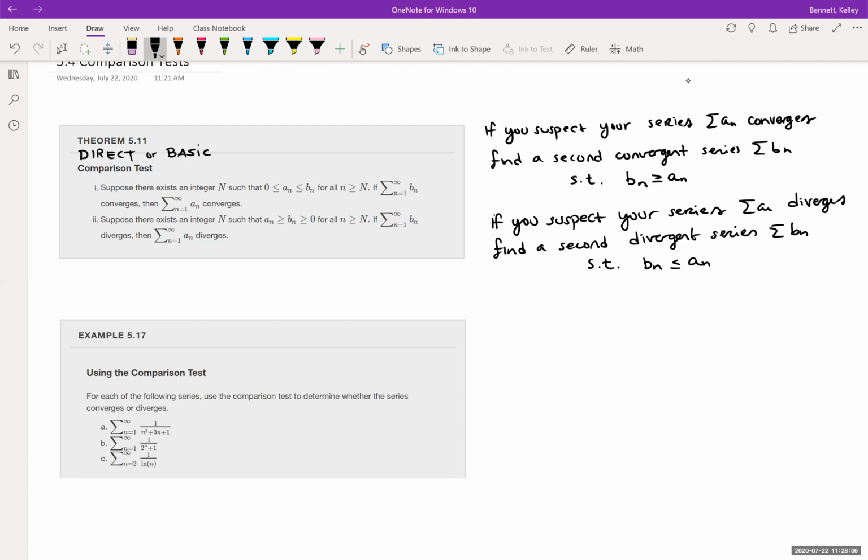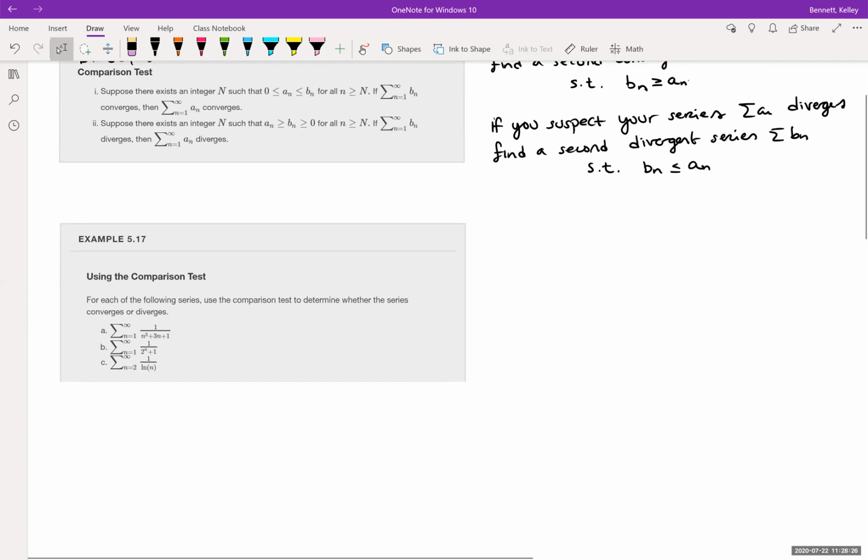ST stands for such that. So again, here, if you suspect that your given series diverges, you want to find another series that's smaller than yours that diverges. You'd be like, look, that guy's smaller than me, but even he is divergent. So me being bigger than it, of course, I have to diverge. So that's what the direct comparison test shows.